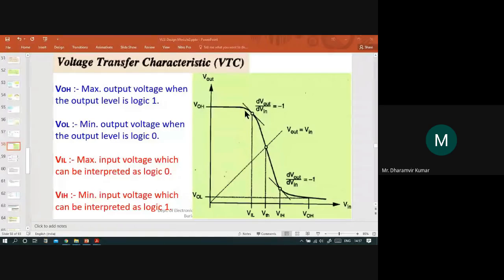The input voltage is varying between 0 to VIL, and we call this the input voltage range that is considered as a low logic value.